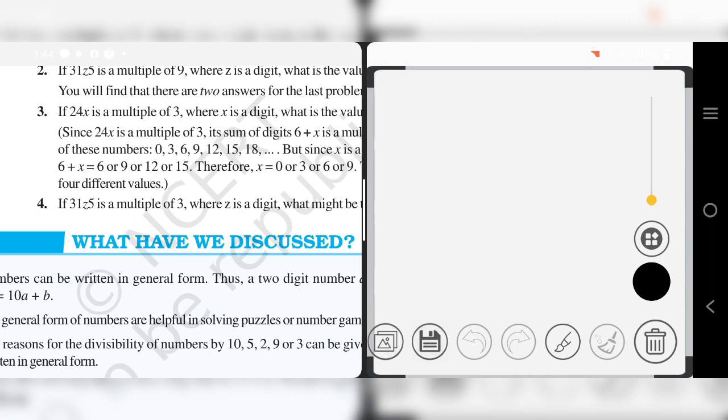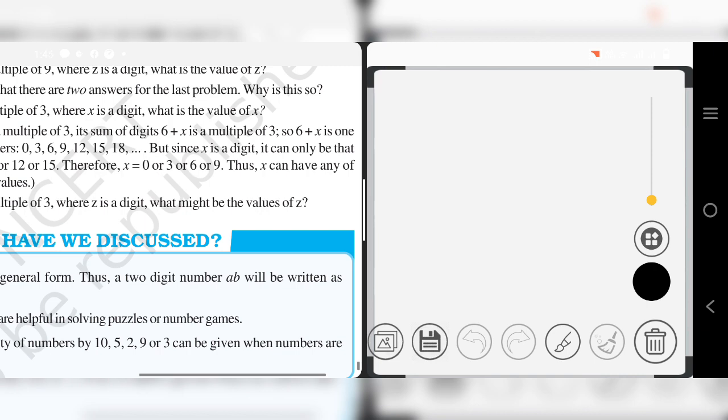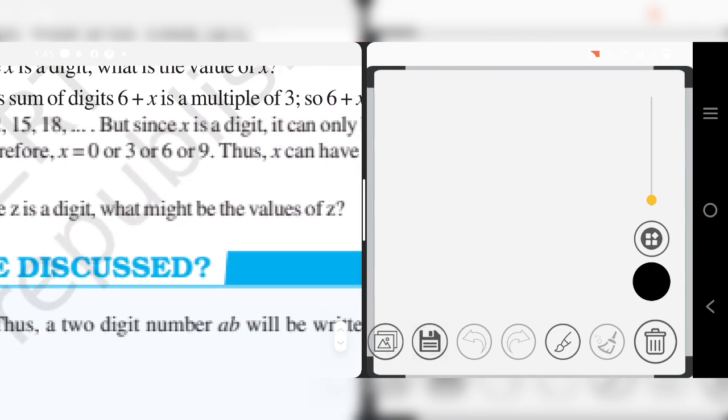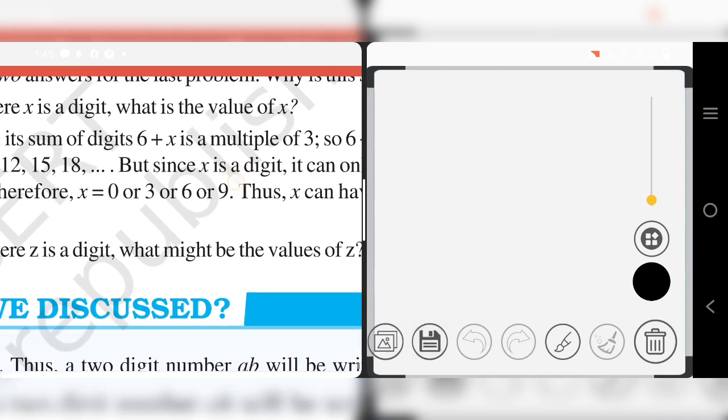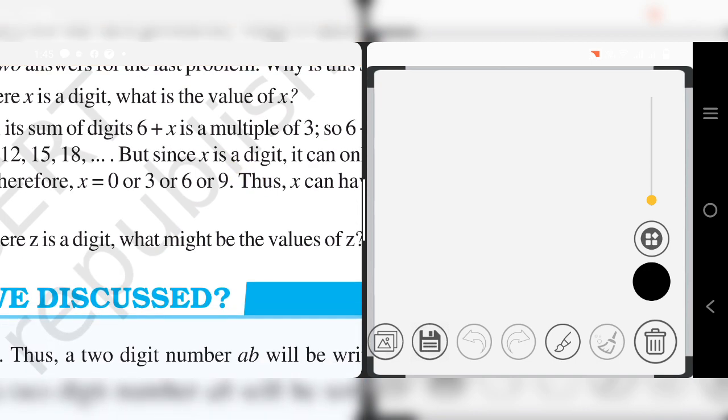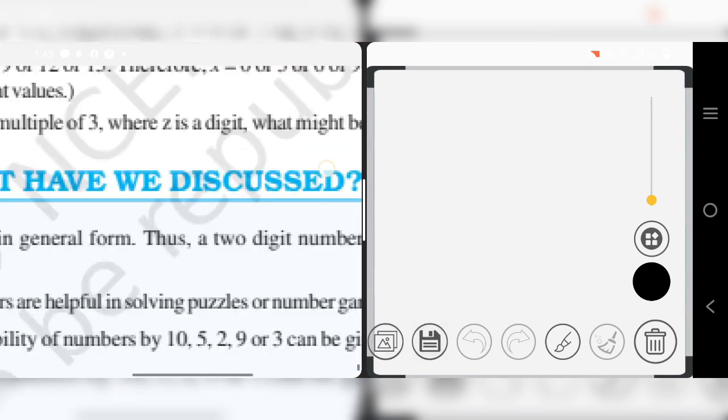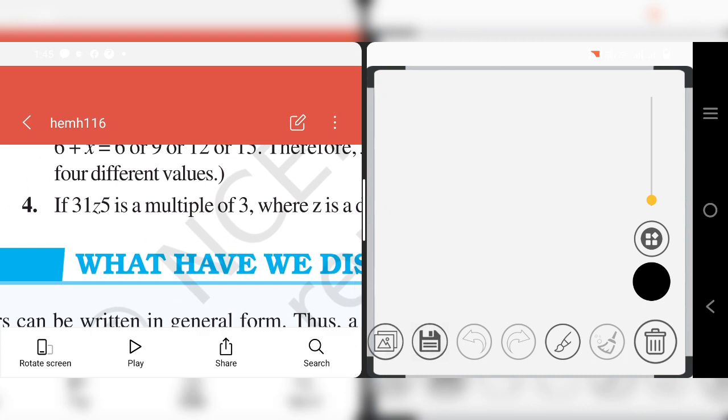Next, if 31z5 is a multiple of 3 where z is a digit, what might be the values of z? See here, values of z. They have not given only one value, but values. Maybe like the above one, here also 4 or 5 values are there. We don't know. So let us find.